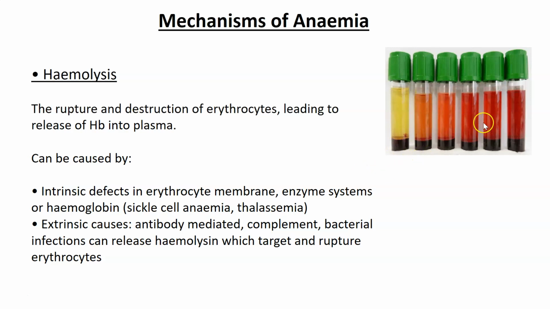That process also involves hemolysis. So it could be your own immune system causing hemolysis. There's another component in your blood called complement that can also bind and target the membranes of red blood cells. Bacteria have toxins which bind to red blood cells and can cause their rupture. So there's intrinsic and extrinsic causes of hemolysis.